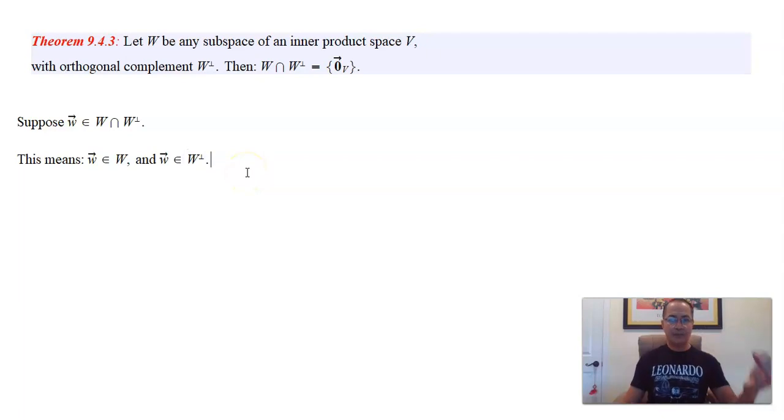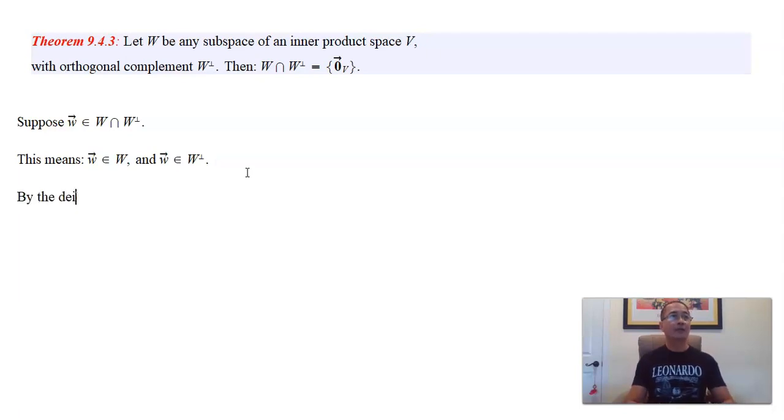It is both from the subspace and the complement. But what's the meaning of the complement? The complement is every vector in the ambient space which is orthogonal to every vector in the subspace W. So what does that mean? It means that the inner product of w with itself has to be 0.